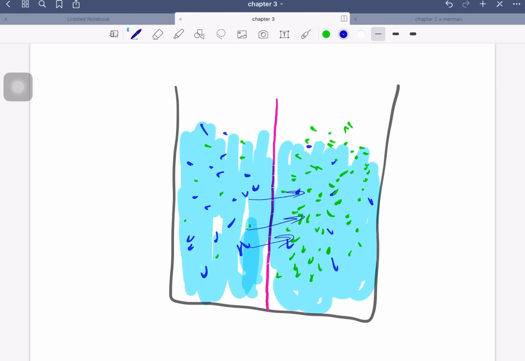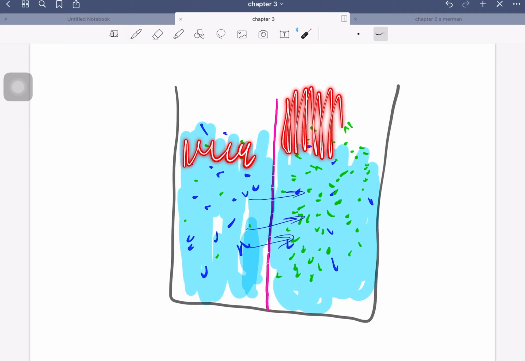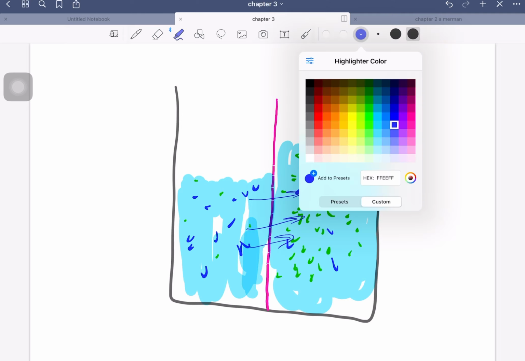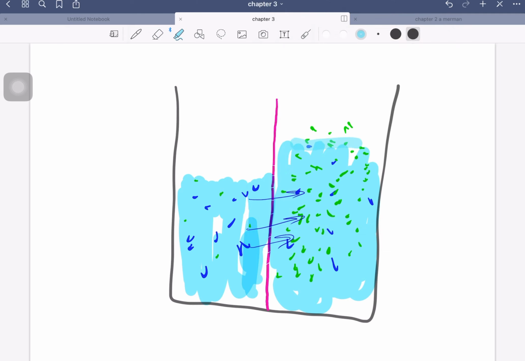So what's going to happen is, as water is moving across, of course, I'm going to start to lose water here, and I'm going to start to gain water here. And over time, we'll see that the amount of water will go down here because it's moving over. And of course, because it's moving over to the right-hand side, the water will be picked up and it'll be added. So part of this movement of osmosis will move more water over to this side.